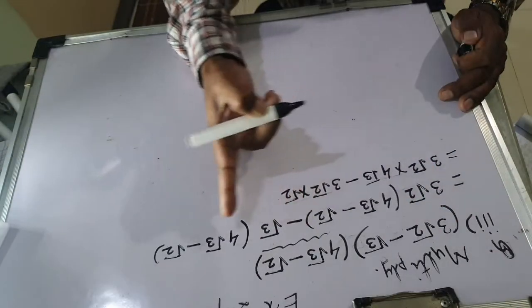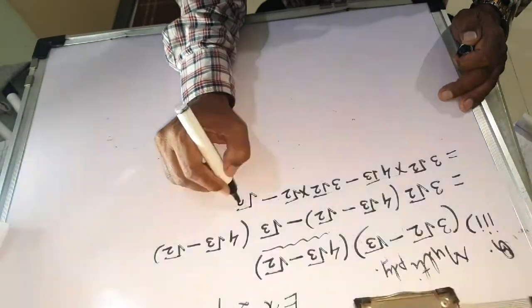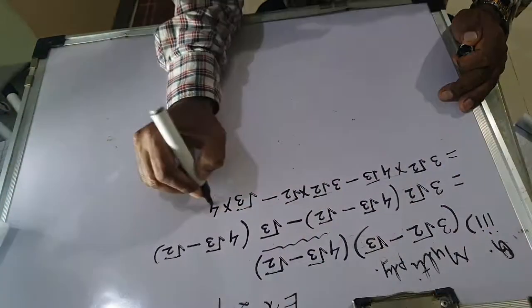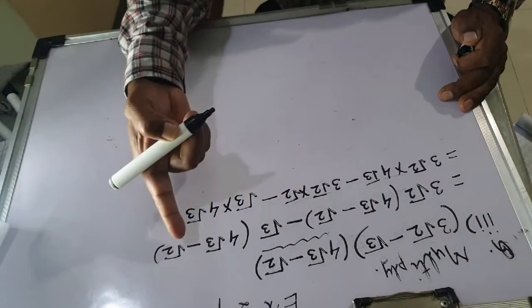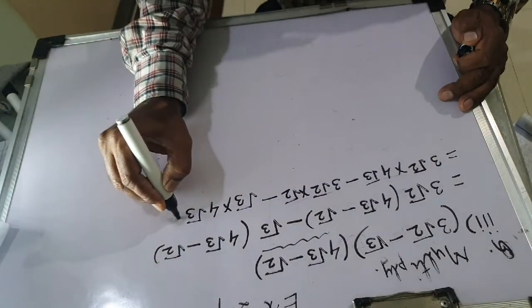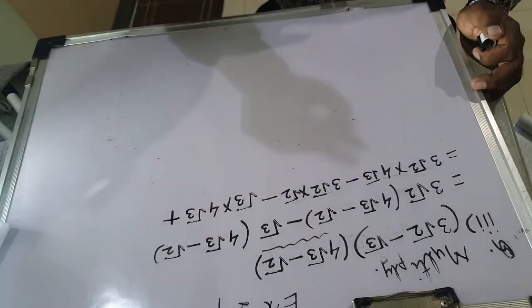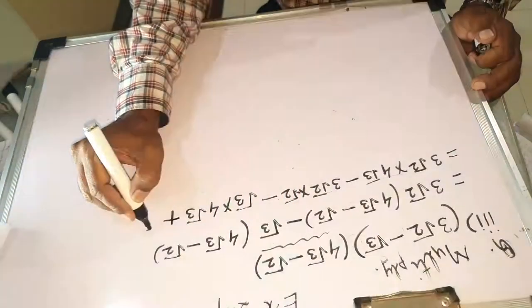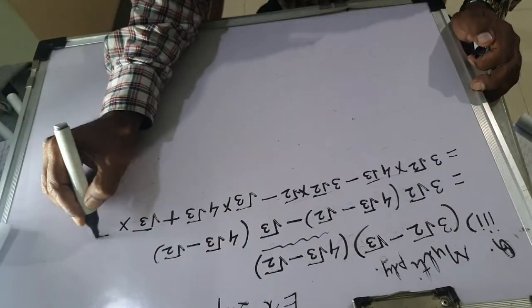Now by minus root 3 I have to multiply this: minus root 3 into 4 root 3. This minus and this minus, minus into minus will become plus. So multiplication of the same sign is always positive. So that rule I have used. Now root 3 into root 2.